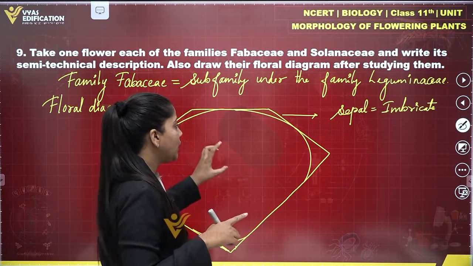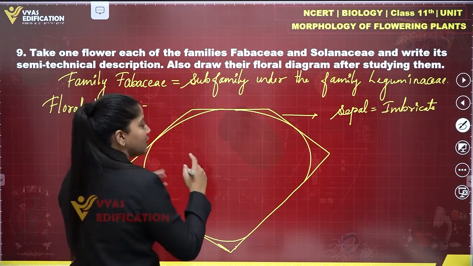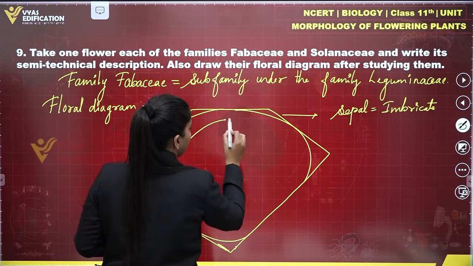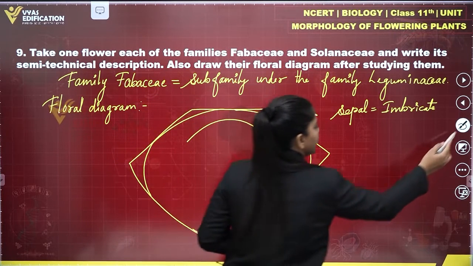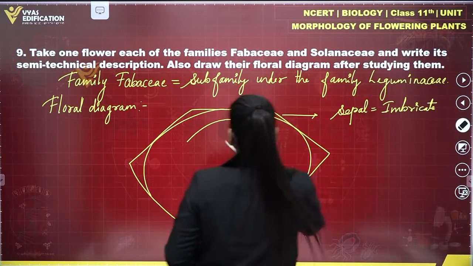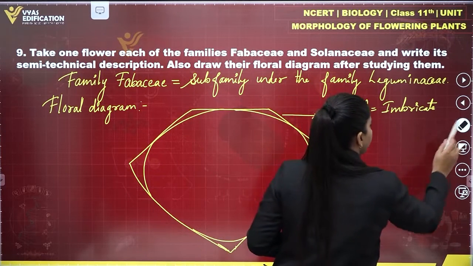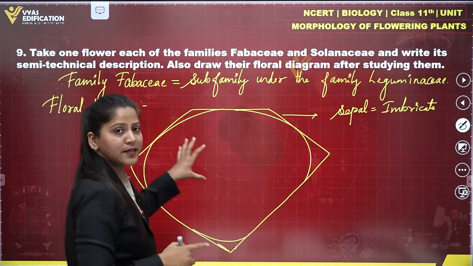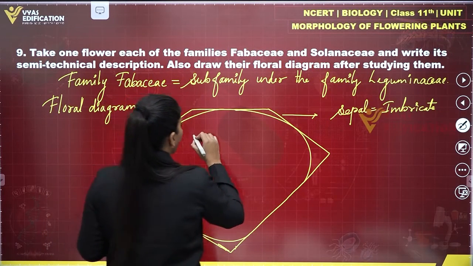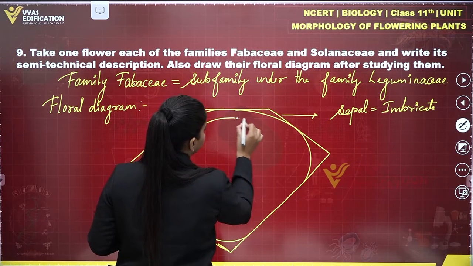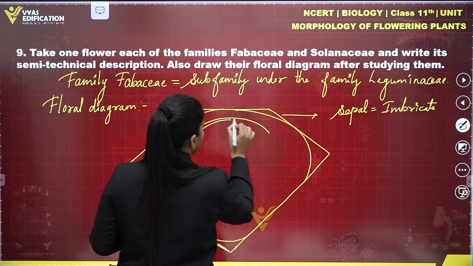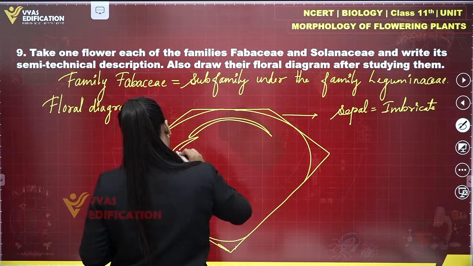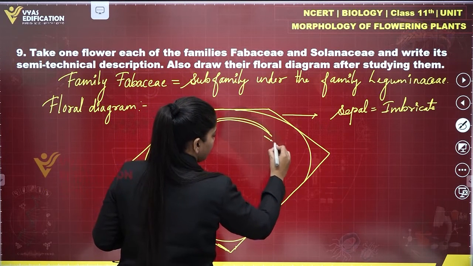Now let's talk about the arrangement of petals or corolla. They are present in the vexillary arrangement, or the estivation found in the corolla is vexillary. First of all, the flowers of these plants have 5 petals or corolla. So let's make this. And also they have vexillary estivation.